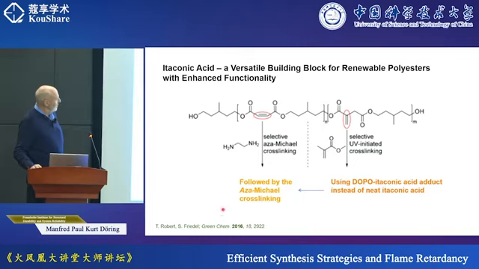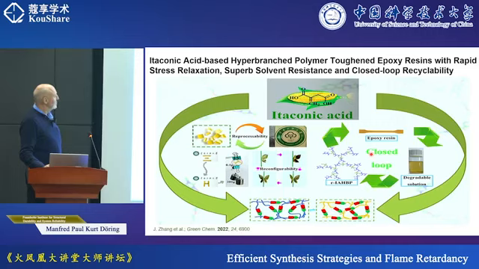Or on the other hand, we can do a Michael adduct of maleic acid over here and have then an intact itaconic group for a UV-initiated cross-linking. And you have incorporated phosphorus. And can do, in both cases, flame retardant investigations.